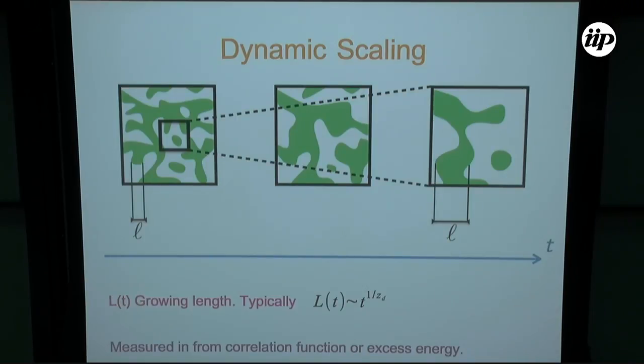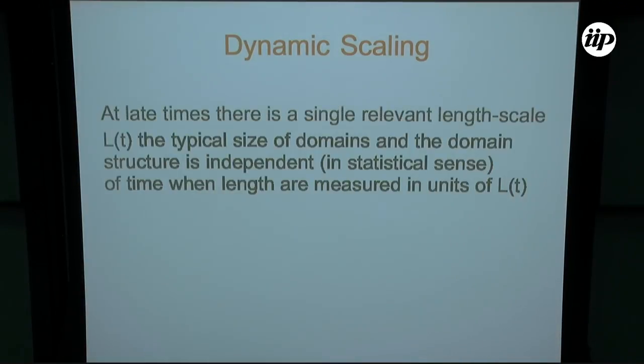And the size of the domains usually grows in an algebraic way, usually with an exponent 1/2. So this is dynamical scaling stated in a somewhat more elegant way, which means that there is only one length scale which is relevant, which is this L(t), namely the size of the growing domains.